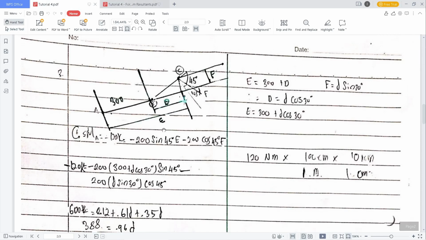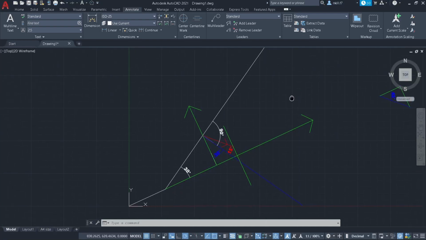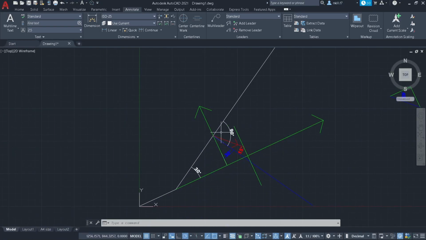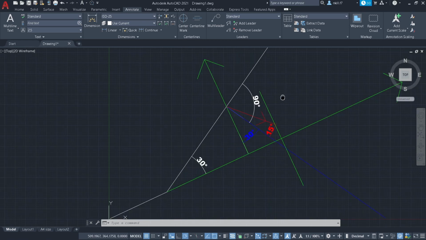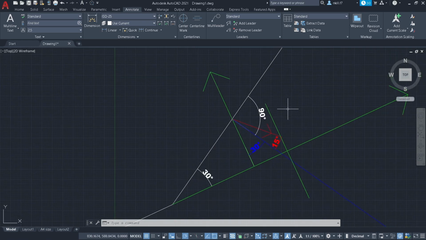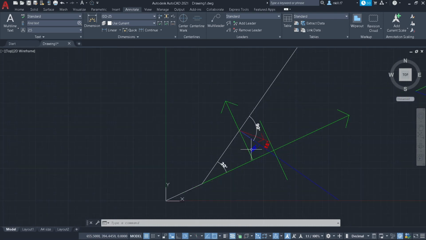So we'll have a moment given from the force in the X and Y directions. I made another free body diagram in AutoCAD so you can understand better. First, we need to classify what the axes are for the system. As you can see, there is a green line right here indicating that this is my Y and this is my X axis.